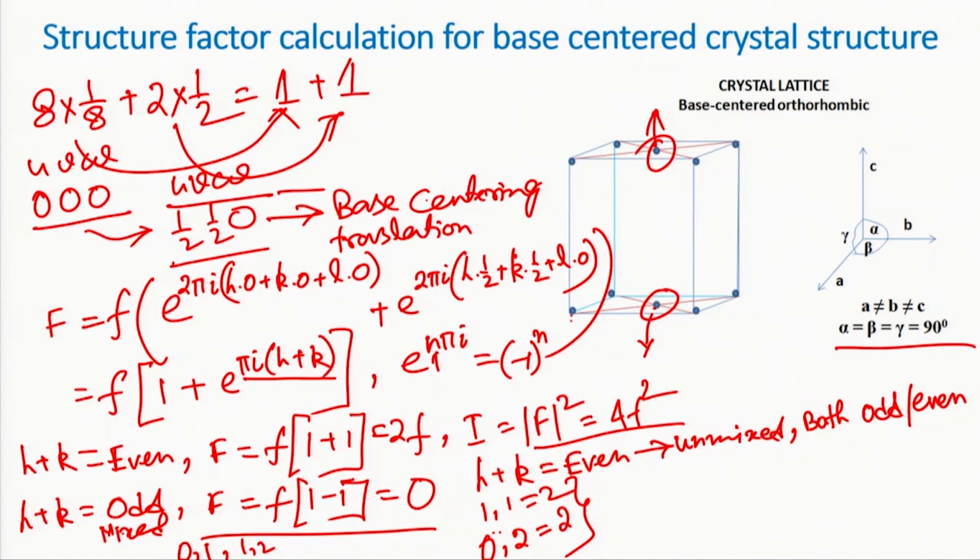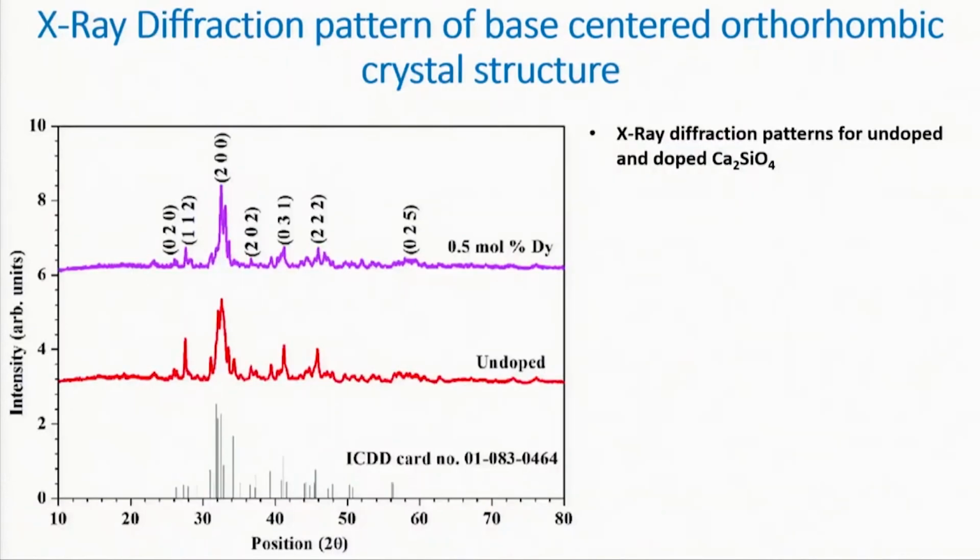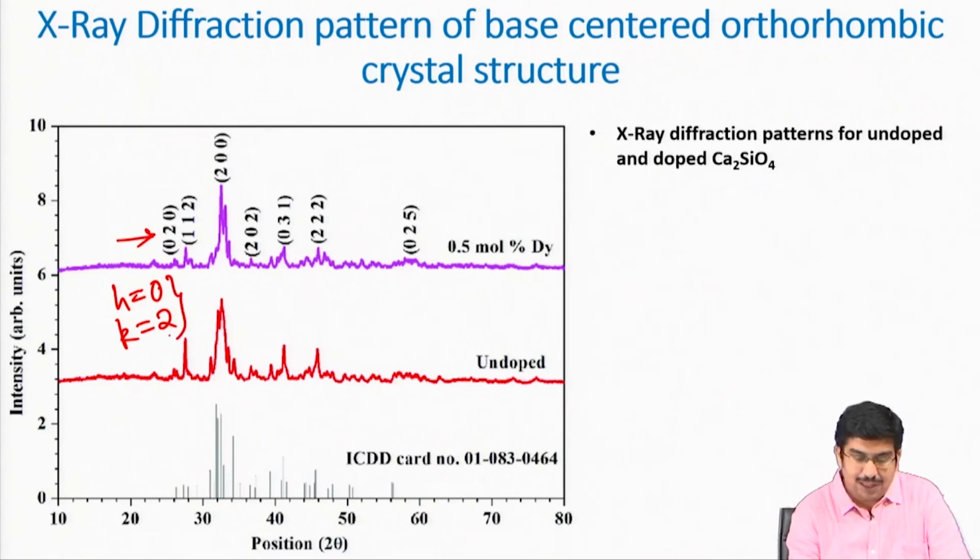Now, one thing you must understand. Let us see this crystal structure for a base centered orthorhombic crystal. You can see that the first intensity we are getting is from 0 2 0, where H equals 0 and K is 2. Next one we are getting where H equals 1, K equals 1.